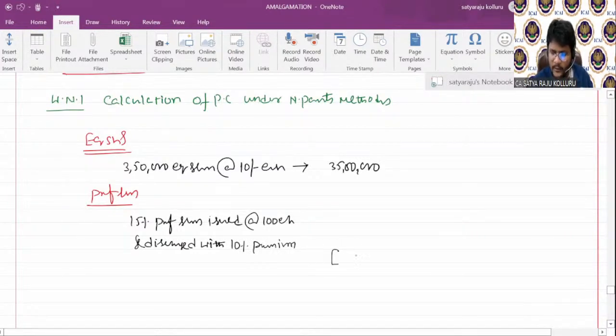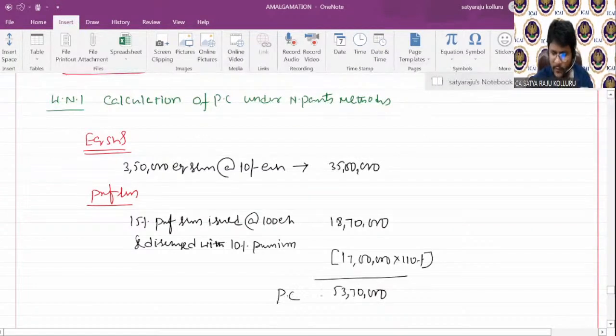Now the amount is 17 lakhs multiplied by 110%, which is 18 lakh 70,000. So total purchase consideration is 53 lakh 70,000, which is the amount of PC.